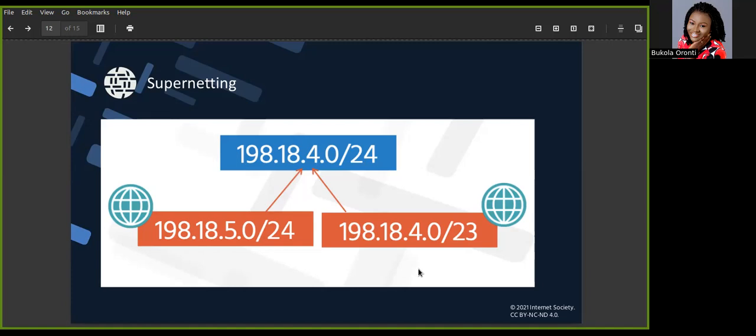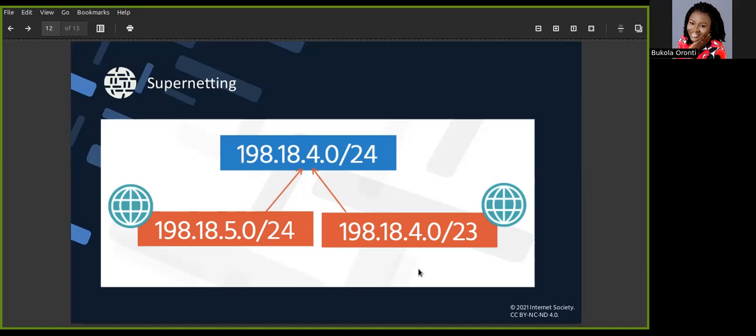So how does supernetting work? The process of supernetting works by following two protocols: CIDR, the classless inter-domain routing, and EIGRP, the Enhanced Interior Gateway Routing Protocol. We can read more about this online. As the number of subnets increases, routing table entries also increase.